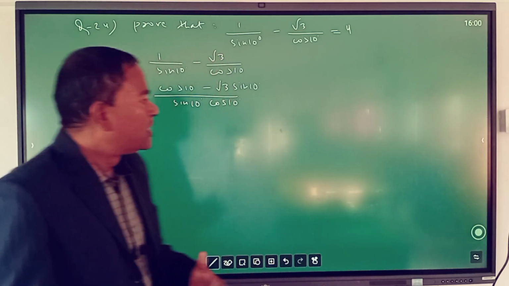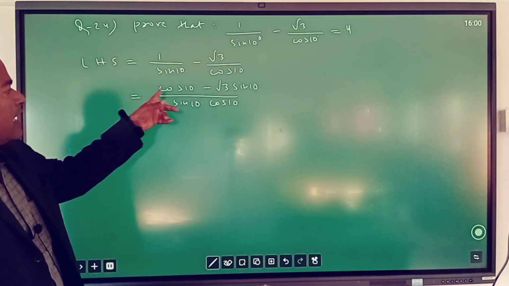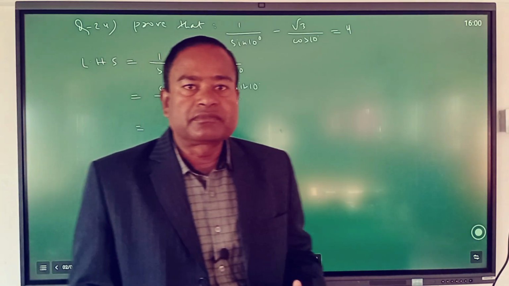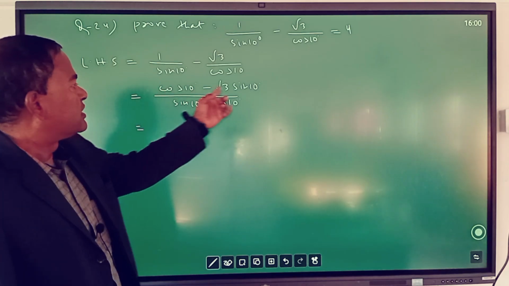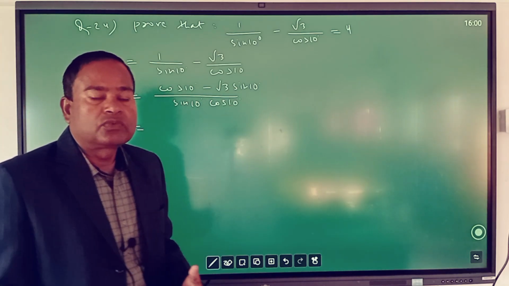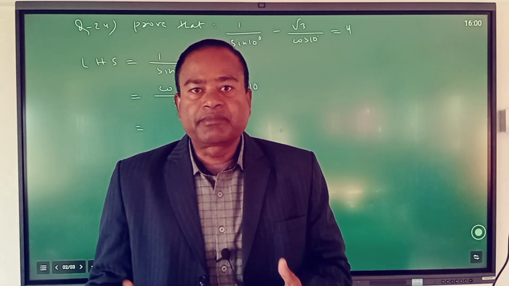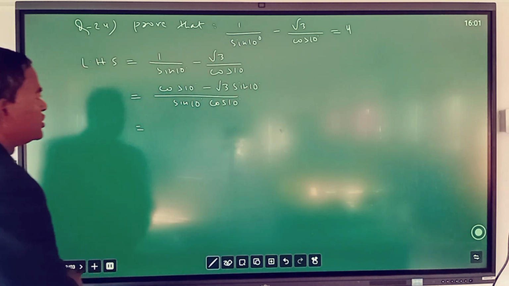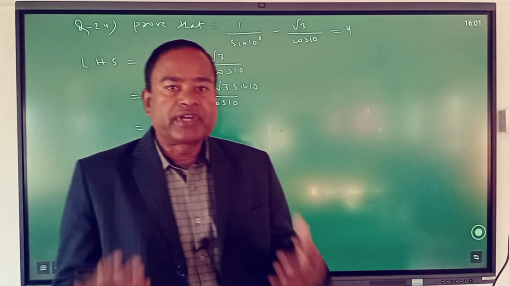That means we have to multiply and divide the coefficient of each term by 2 so that the expression of the upper one will change in the form of sin A into cos B minus cos A into sin B. That means the expression of the numerators will change into the compound angles.